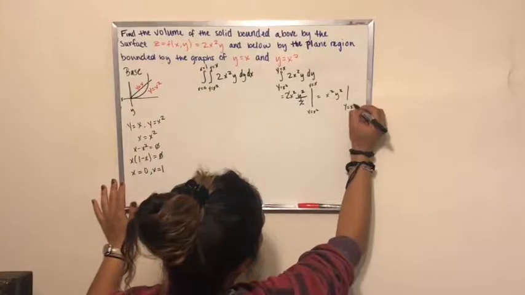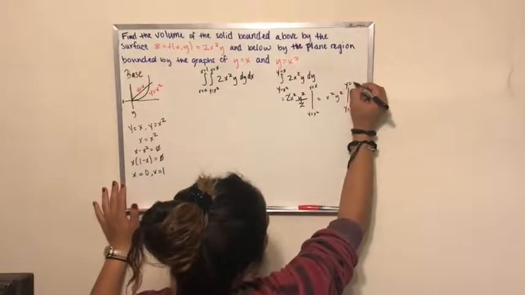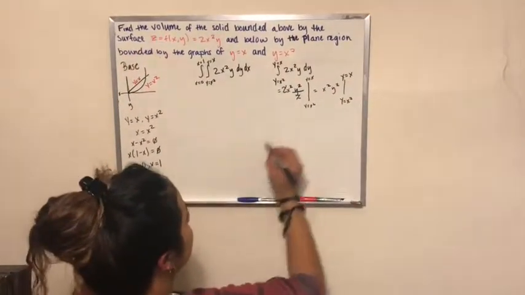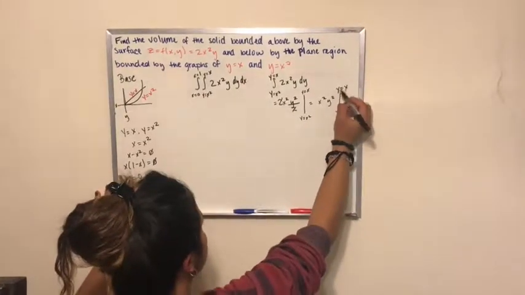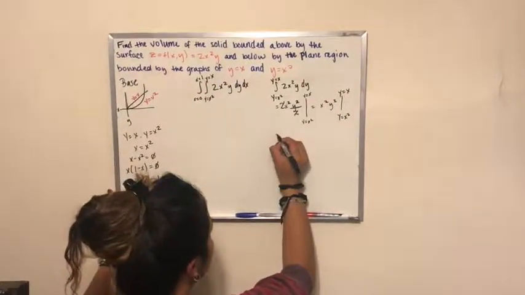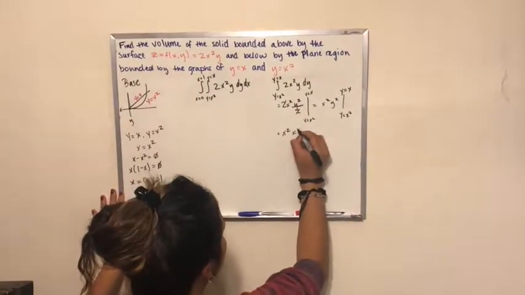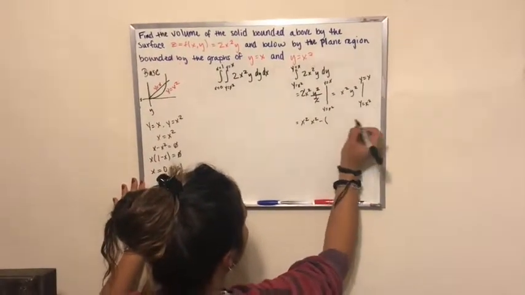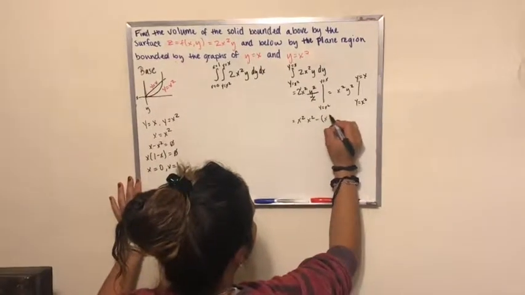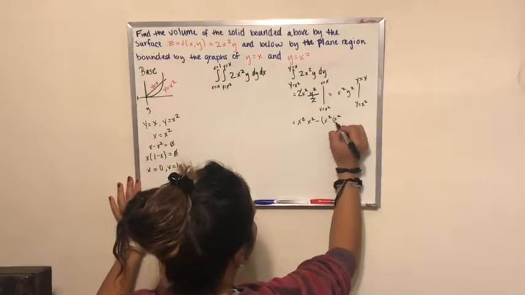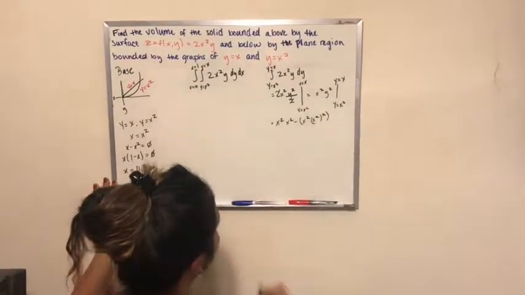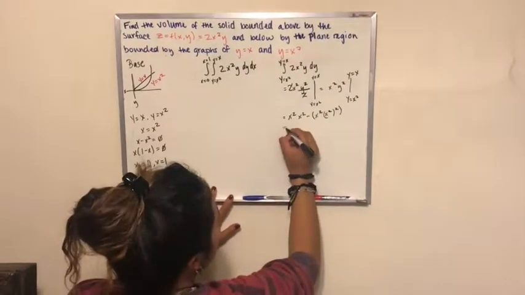Go ahead and rewrite your evaluation points, and then go ahead and plug it in. Remember, the second point always goes first. Go ahead and simplify.